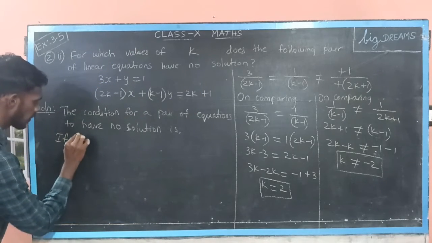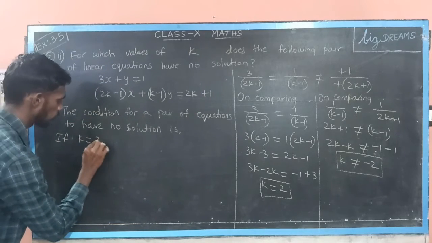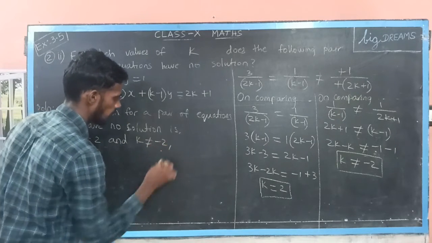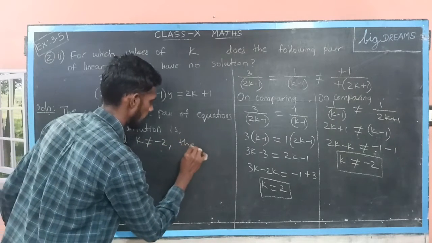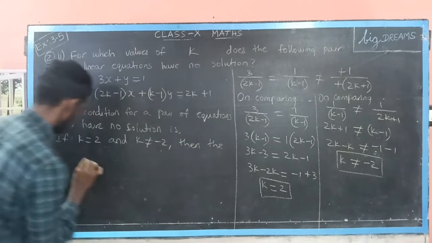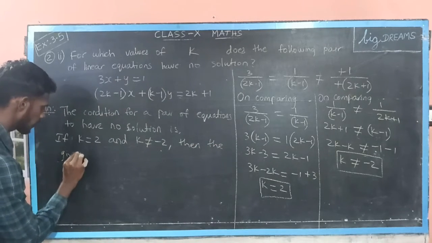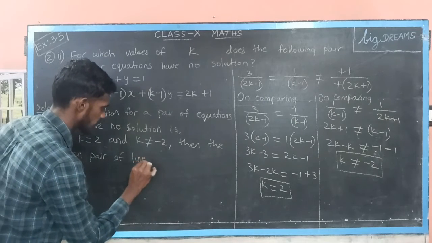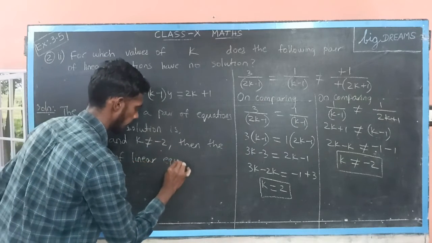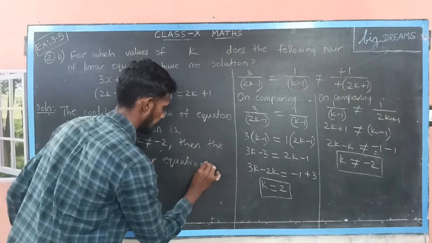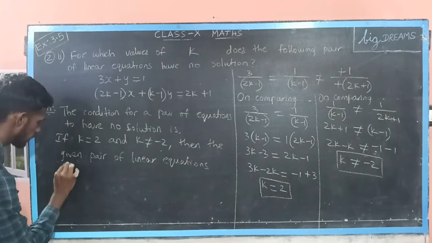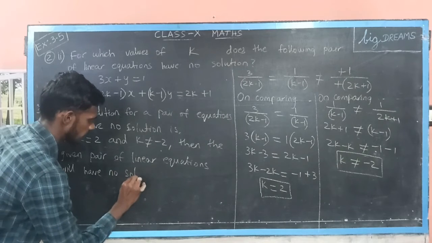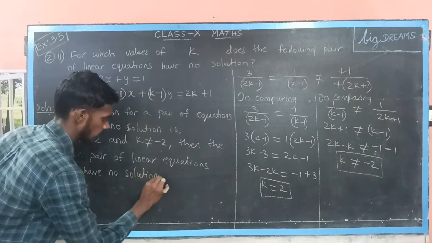If k is equal to 2 and k is not equal to minus 2, then the given pair of linear equations will have no solution. Clear?